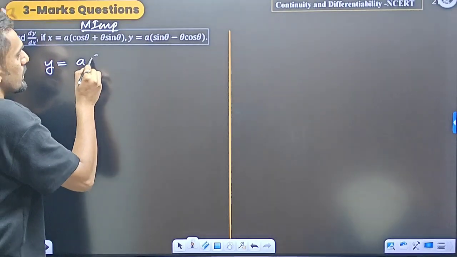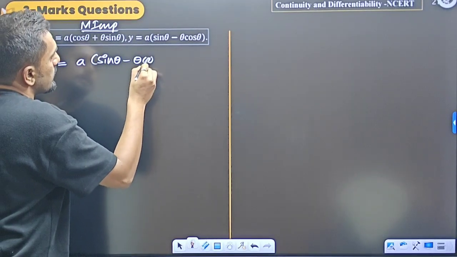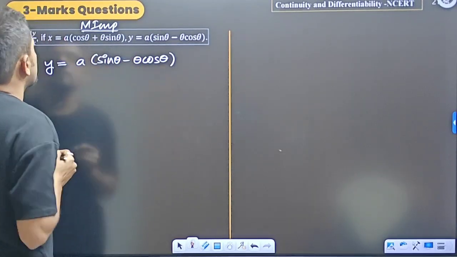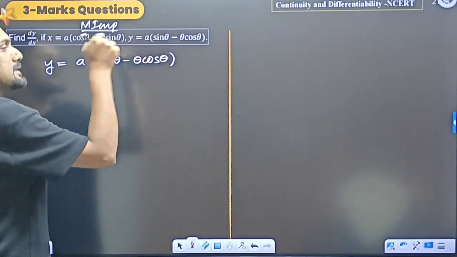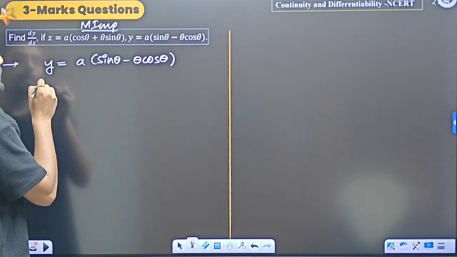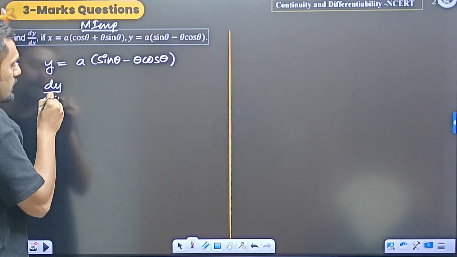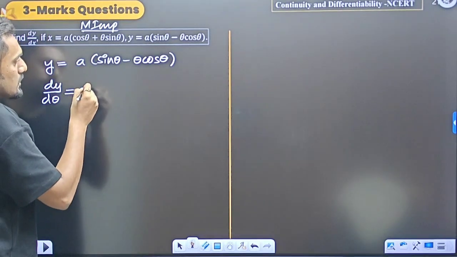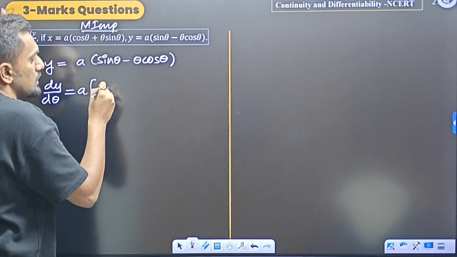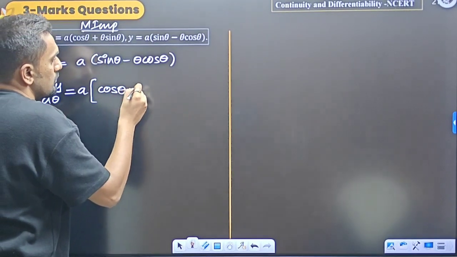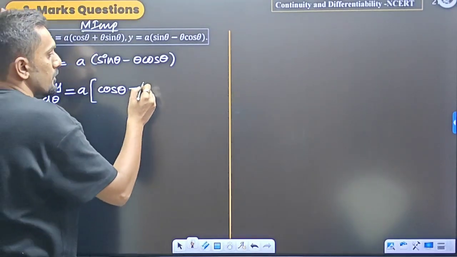Then let me consider y is equal to a into sin theta minus theta cos theta. Then I differentiate this with respect to theta, because theta is the third parameter here. So dy by d theta is equal to a, a constant, keep it as it is, the derivative of sin theta with respect to theta is cos theta, minus, while differentiating this we have to use the product rule.